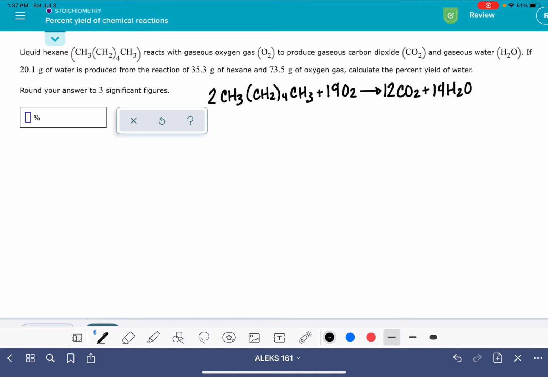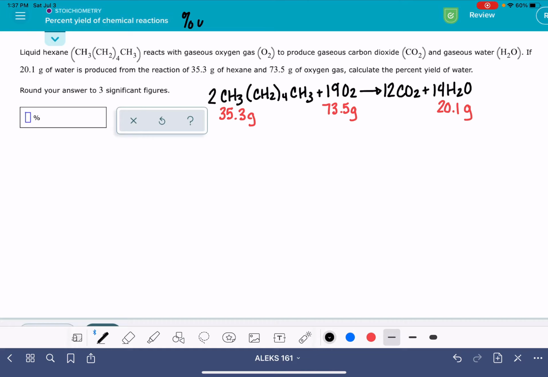The problem is telling us that we have made 20.1 grams of water. It came from the reaction of 35.3 grams of hexane and 73.5 grams of oxygen. And it's asking us to calculate the percent yield.